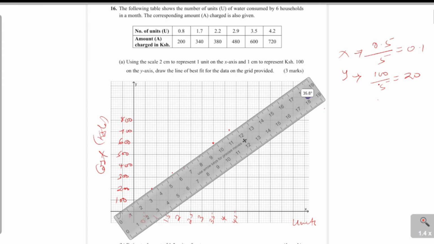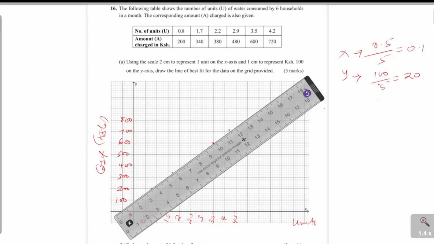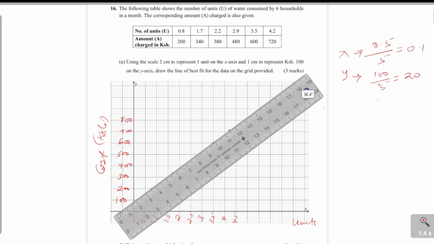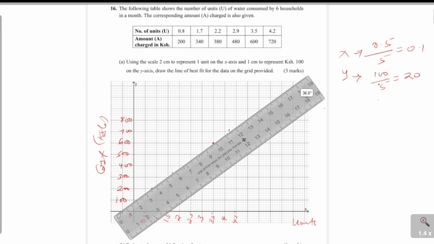I'm trying to see where to place it. You need to be very keen when you're placing, so that you can get a line of best fit there. There's somewhere I can see here.